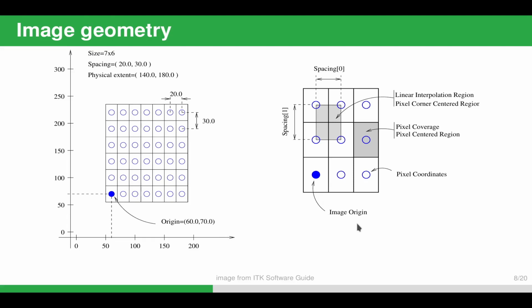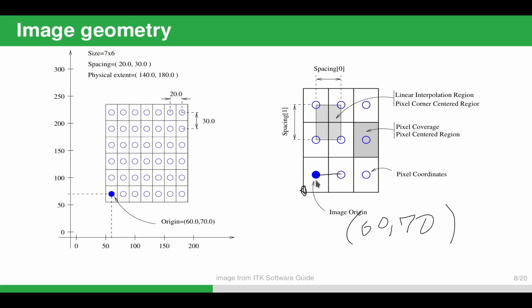So here's one question. If this is the origin, which would be 60, 70, what is the physical location of this corner right there? Pause for a moment while you think about it. Okay, so since this pixel is a point and the spacing here in the x direction is 20, that means this distance is 20.